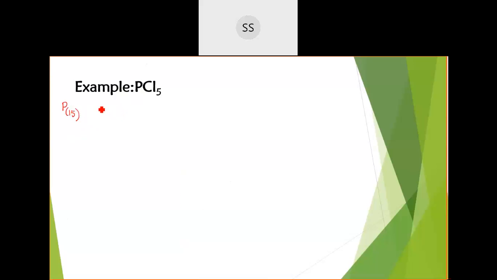Correct. So if I have to write the ground state, see how the ground state electronic configuration is. You can start writing along with me. As I'm doing on the screen, simultaneously you also start doing it. So when we write the ground state electronic configuration, it is 1s2, 2s2, 2p6, 3s2, and then 3p3.